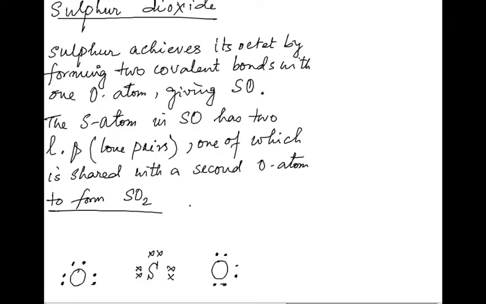Let us now find how the bonding occurs. As already said, the sulfur achieves its octet by forming two covalent bonds with one oxygen atom, giving rise to SO. So here is the formation of the covalent bond. There is the presence of a lone pair, and this lone pair is shared with another oxygen atom, giving rise to SO2.